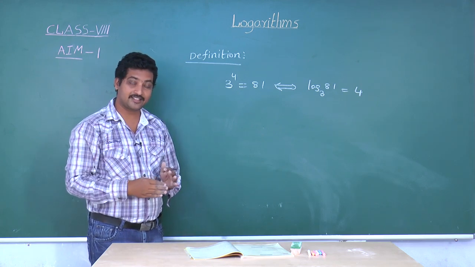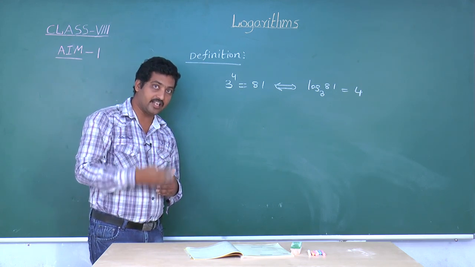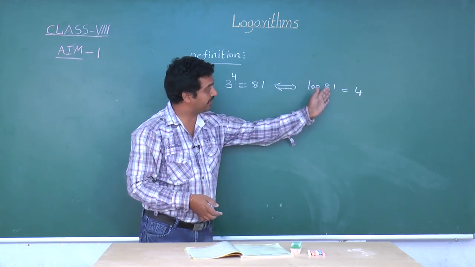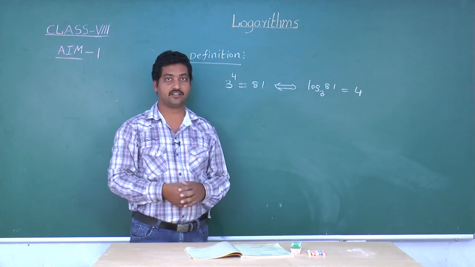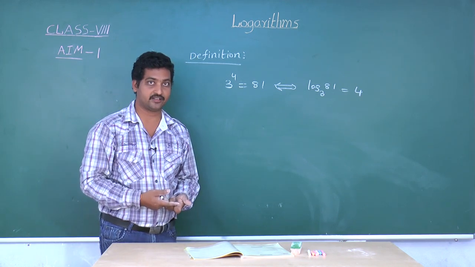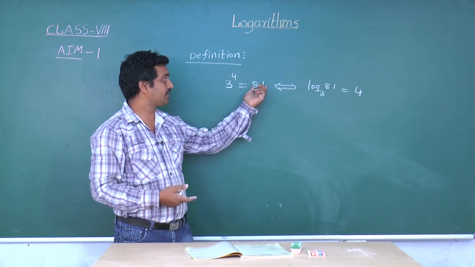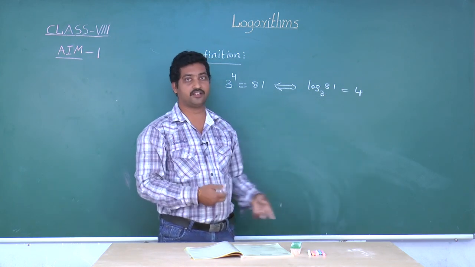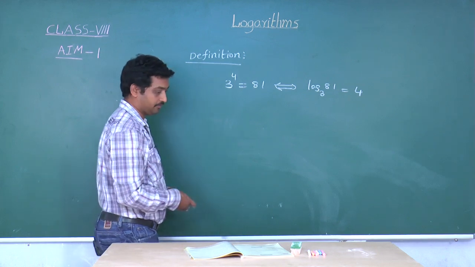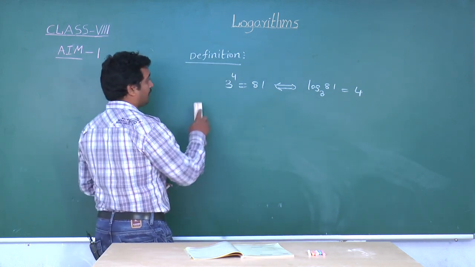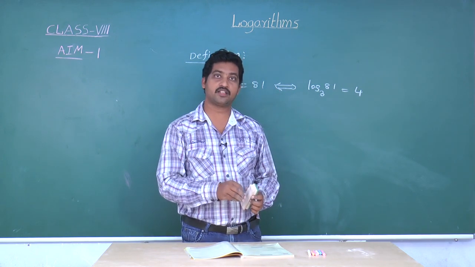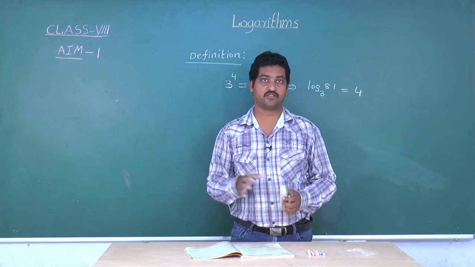Both express the same relation, but the forms are different. The ways of expression are different. Here the result is the subject, here the exponent, that is the power, is the subject. That is the only difference. Now we have to know how to convert logarithmic forms into exponential forms and exponential forms into logarithmic forms.